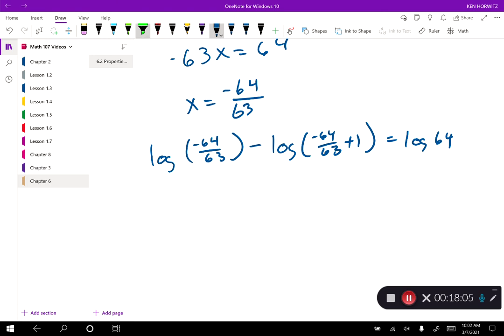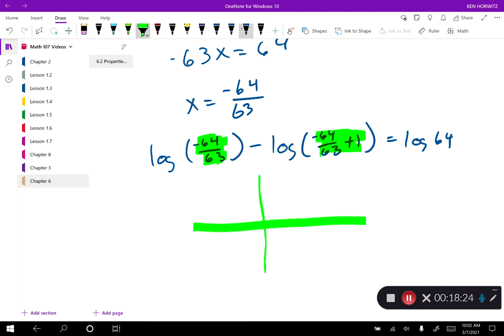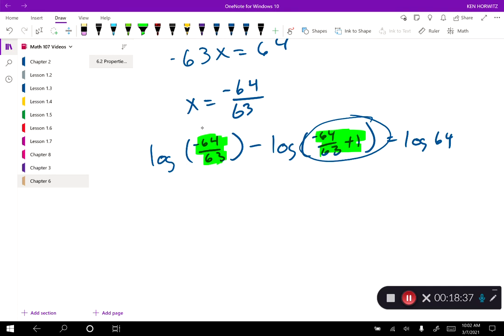And the problem is this, is that what's in this parenthesis and what's in this parenthesis are both less than 0, all right? And we know that the log of 0 doesn't exist, right? Because our graph winds up going like that, straight down. You can't have the log of a negative number. The argument in here can't be negative, all right? So the issue with the answer is that it's not in our domain.